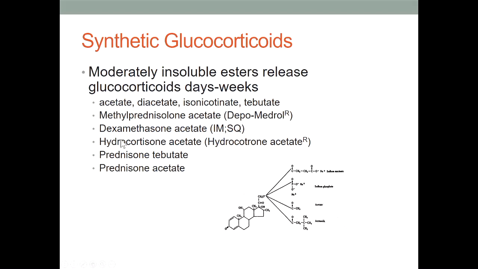The ones that I recognize the most are prednisone acetate, hydrocortisone acetate, methylprednisolone acetate, which is used a lot, called Depomedrol. But again, the difference in these is they're taking this steroid and putting an ester on it that's going to take a long time to, it's kind of going to hang in there, and then the soluble part of the glucocorticoid is going to adsorb off slowly.